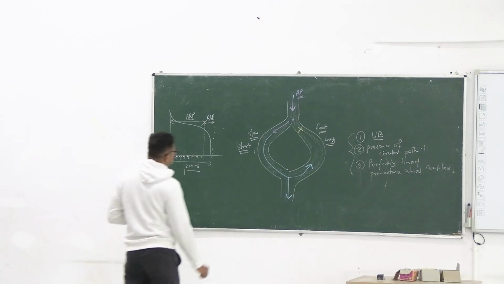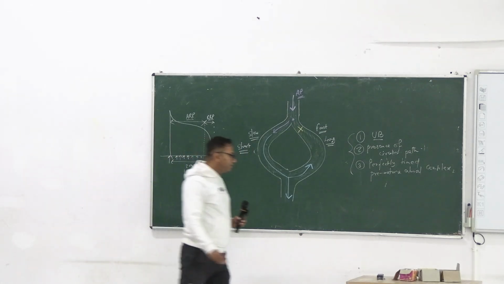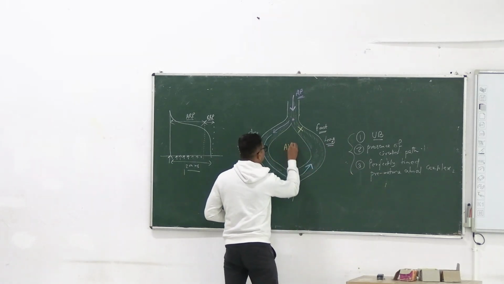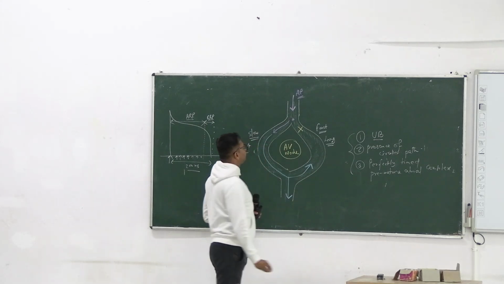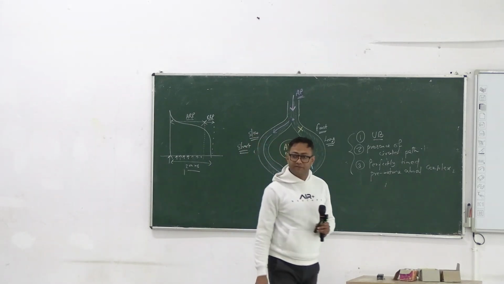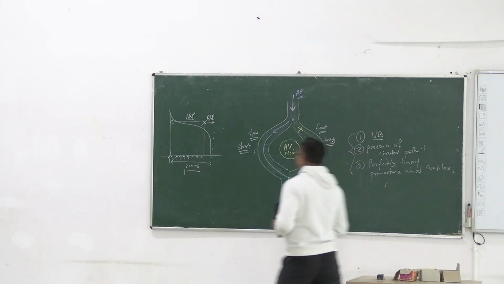Okay. So now suppose the AV node is here. Here is the AV node. Correct? Now what will happen? This is your heart.